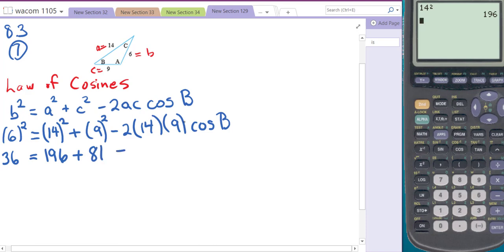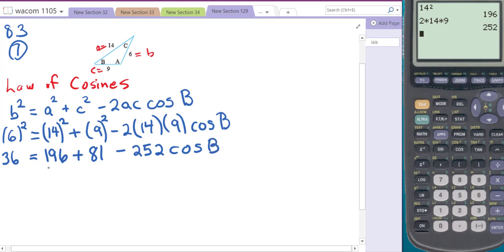Here, I'm going to multiply all that. So I have 2 times 14 times 9. Enter. 252. Cosine of B.